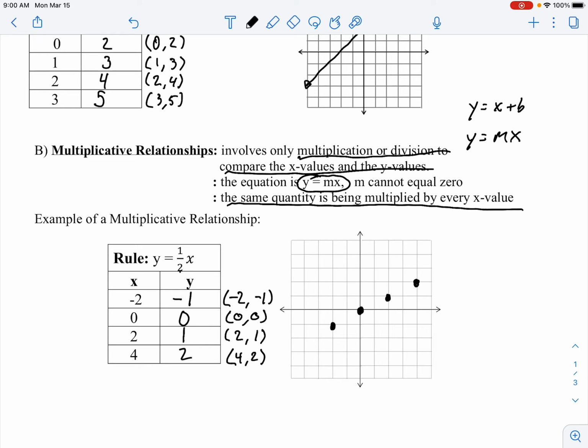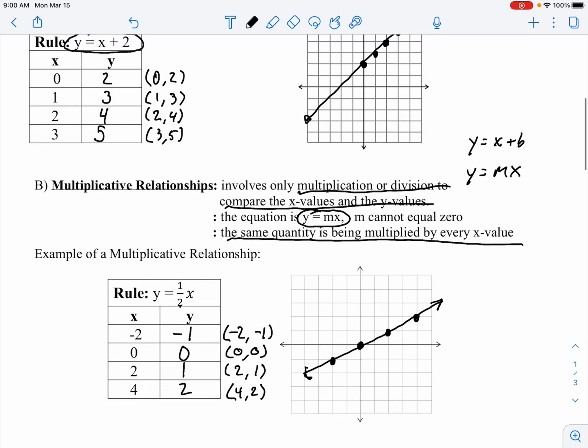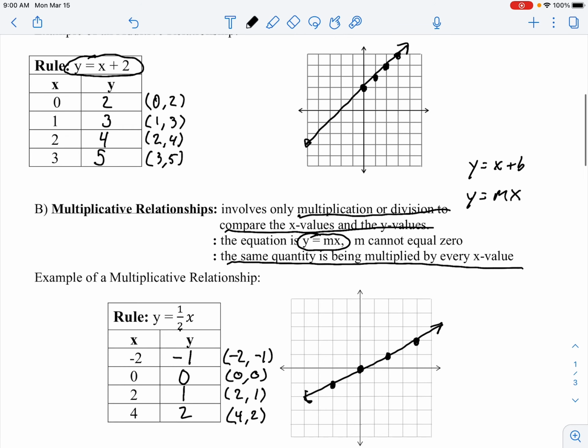So we have a shorter slope happening than we did before. Drawing our line through, this is what this function will look like on a graph. We can see that both additive relationships and multiplicative relationships are straight lines.